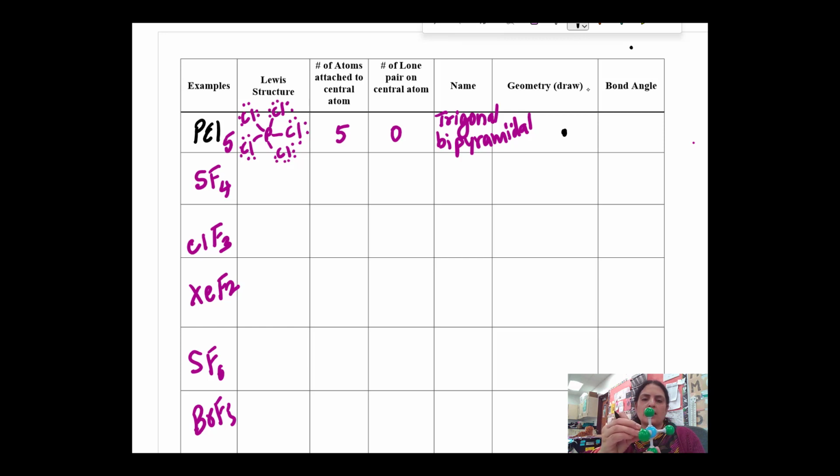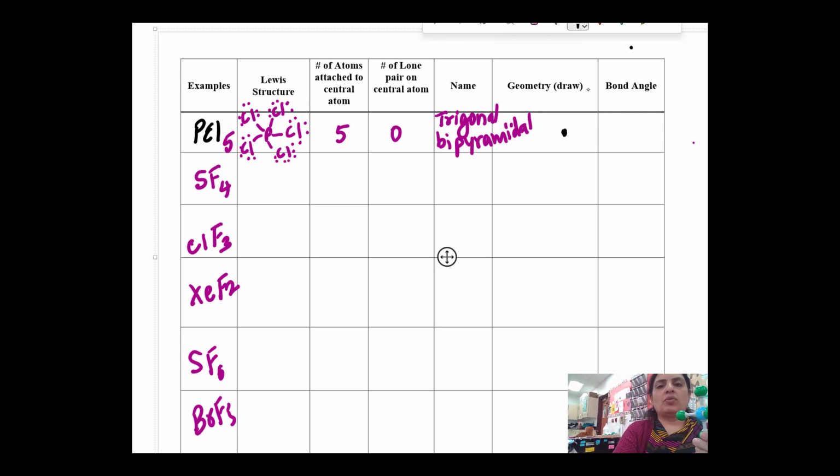There is a base which has 3 atoms, like a triangle, and then there is one coming up which can form a pyramid if I connect these dots, and one coming down, which forms a pyramid if I join these 3. That's why it's bipyramidal, and this is trigonal bipyramidal.